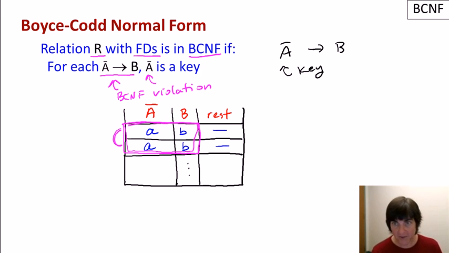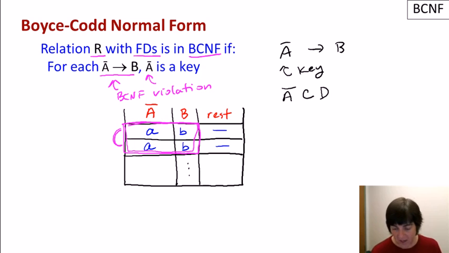And as you might recall, the definition of a key is an attribute that determines all other attributes if you're thinking about functional dependencies, or if you don't have any duplicates in your relation, then a key is a value that is never duplicated across tuples. So if you think about it for a second, you'll realize that whenever a set of attributes is a key, so is any superset of those attributes. So if A is a key, then so is AC, and so is ACD, and so on.